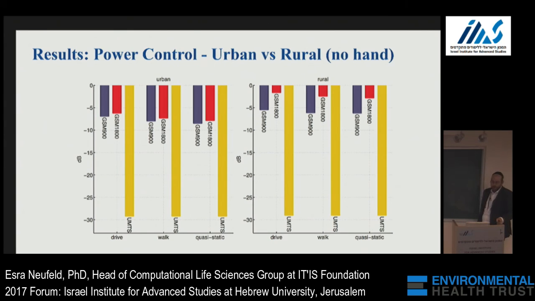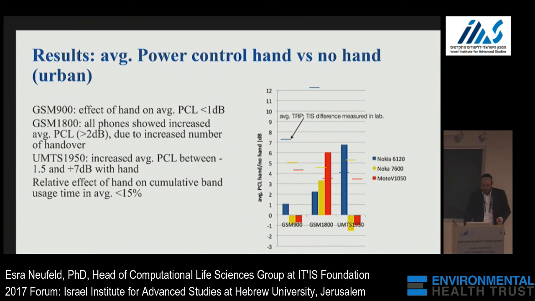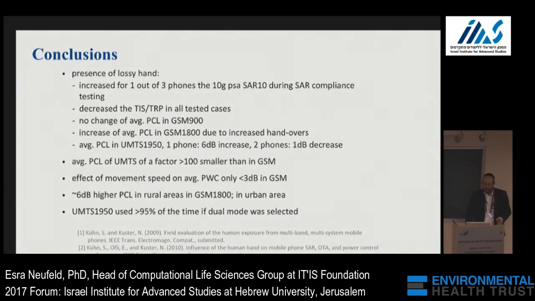UMTS was typically able to have a lower exposure overall, but it would have high peaks also, but overall averaged it's lower. There are changes between rural and urban area. In urban area you have more cell towers, better communication, you can down-regulate power. In rural, that's more of a problem. Again, we see the impact of the hands, and we find that the hands will typically worsen the situation, but not always. In some cases, it helps.